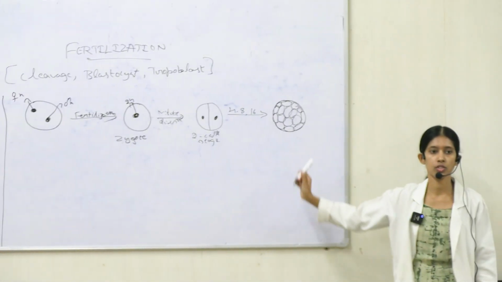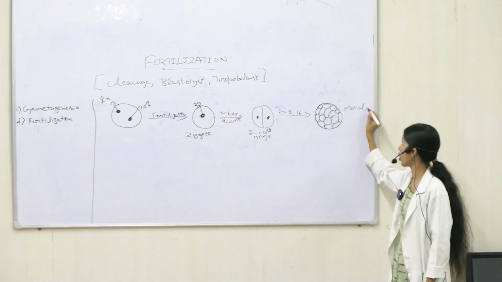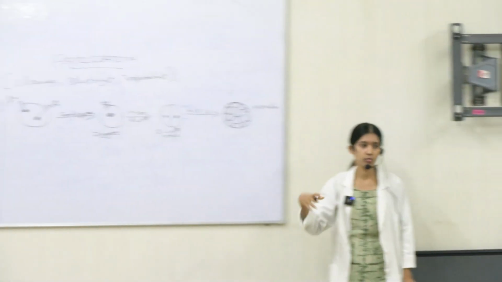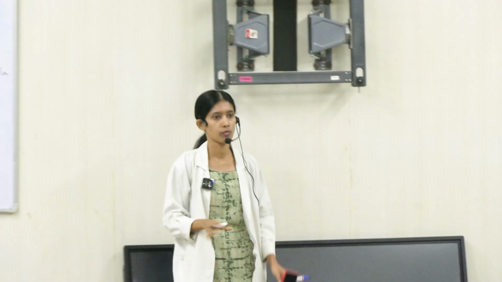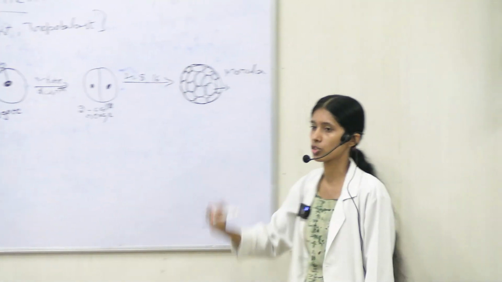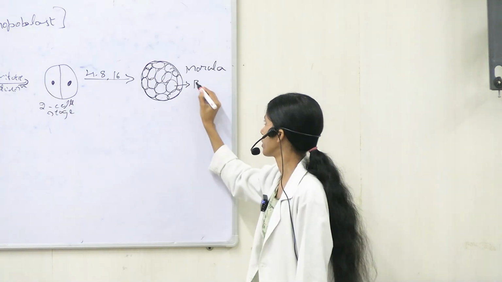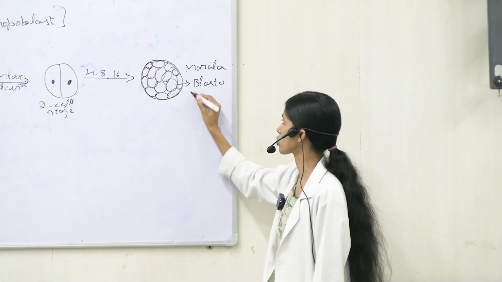So this is your 16 cell stage structure, which is called the morula. Why the name morula? Because this structure somewhat looks similar to the mulberry fruit, so they named it the morula structure. And the cells present at the morula stage are named blastomeres.